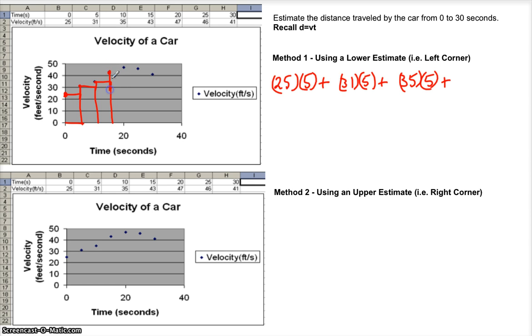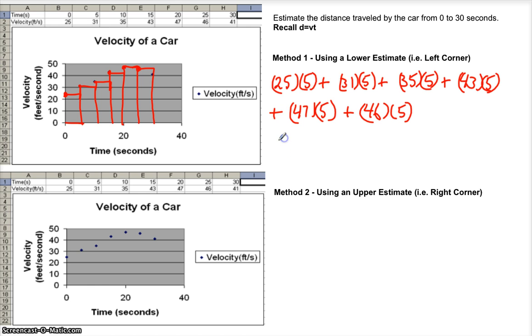This one here is 43 times 5, plus the next one here, right across, straight down. After 43, 47 times 5. And our last rectangle, we're using this data point here as our height, which is 46 times 5.